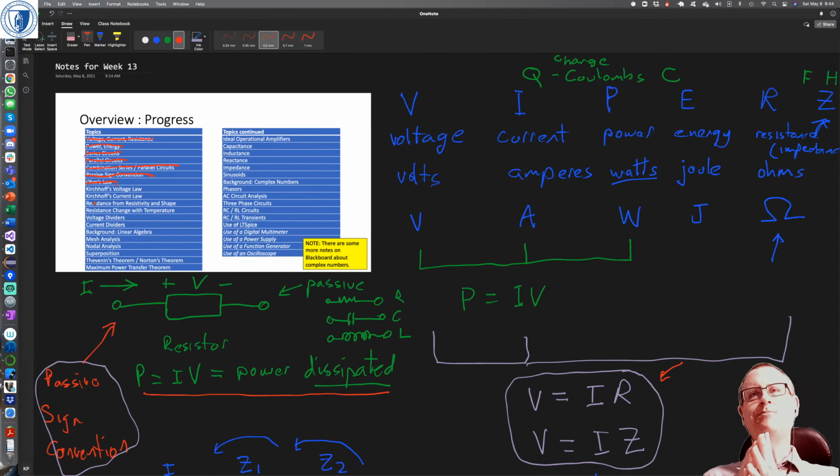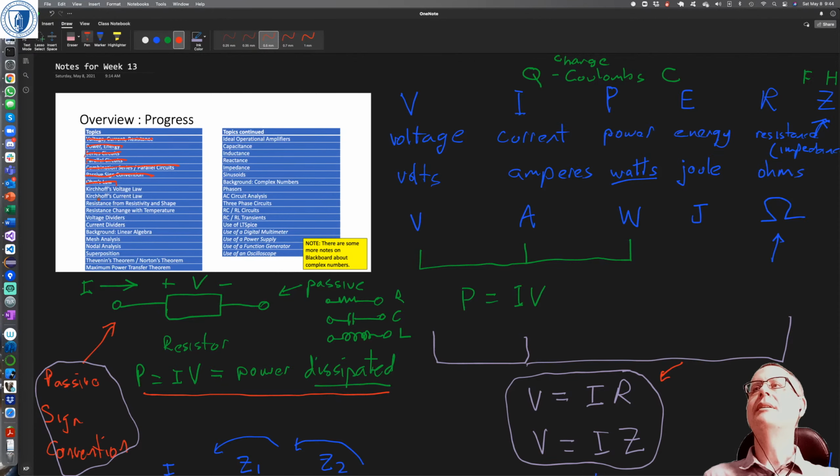If you could break Kirchhoff's voltage law or break Kirchhoff's current law, you would be a millionaire, because you could create power out of nothing. You could create energy out of nothing. And while that would be wonderful, it's not physically possible. Okay?